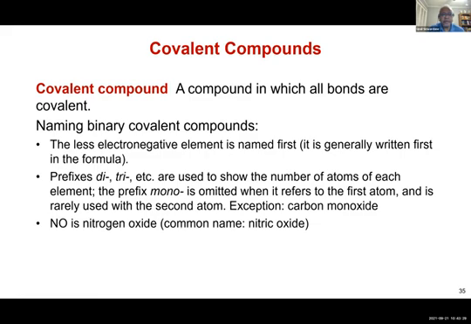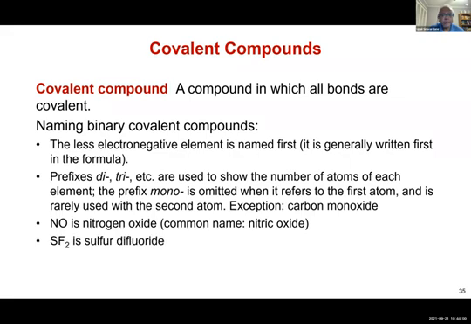Nitrogen oxide is that. Second element, if it is one, we call it mono. But if the first element is one, we don't use a prefix. You don't call it nitrogen monoxide. The common name is nitric oxide.